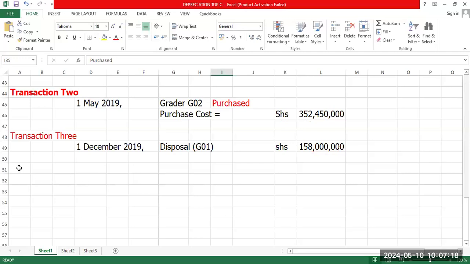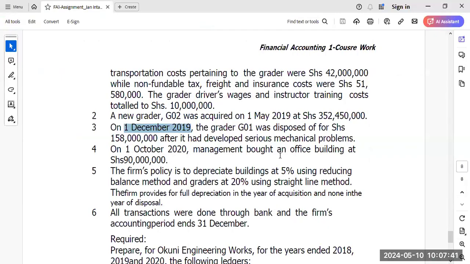Okay. Then transaction number 4. They are telling you that on 1st October 2020, management bought an office building. Do you agree that this is also an asset?